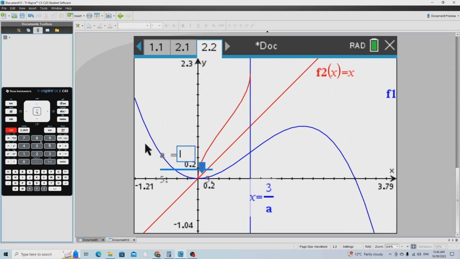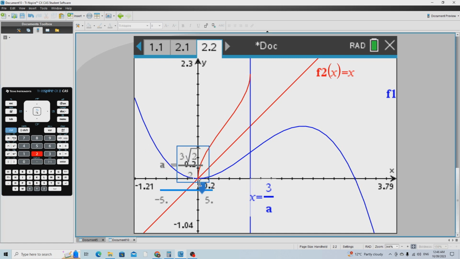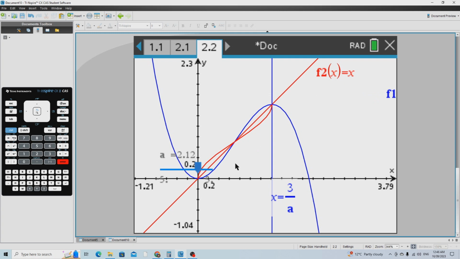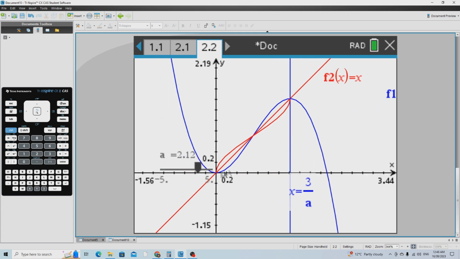The value of a is 3 root 2 on 2. This looks alright because I have symmetry. If I can find the value from 0 to this value over here, which I don't know. Yeah, I don't know what value that is.